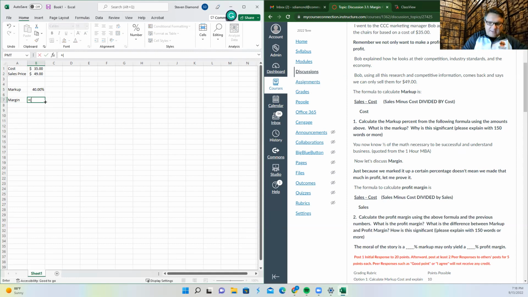So I'm going to do the same thing, hit plus, parentheses open, sales minus cost, divided by sales, and that should give us 28.57%. Once again, we don't want it in money, we'll turn it to percentage, and I'll move it over to decimal places right there. It'd actually be 28.6, Sherry, if we rounded to 1 decimal place, right?